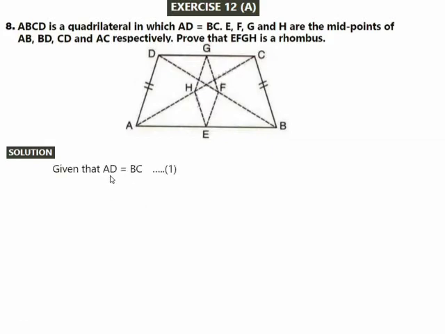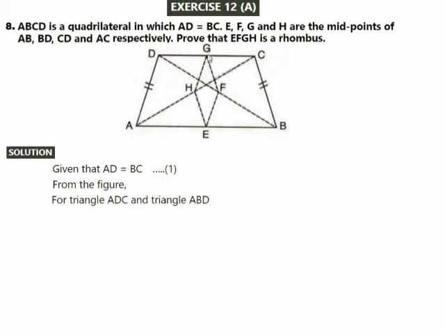Now, given that AD is equal to BC, right? So let me call this equation number 1. Now from the figure, if you observe triangle ADC, in this triangle AC is there whose midpoint is H, and there's a side CD whose midpoint is G. So what do you observe from here?